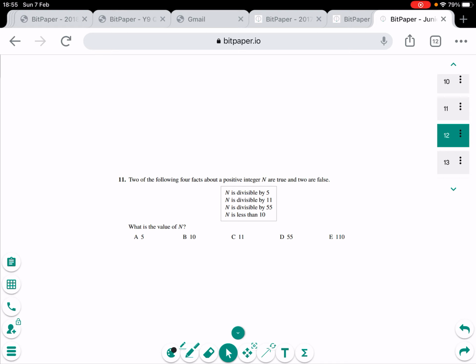The answer to question 11 is 5, because 5 is less than 10, so that's the truth.